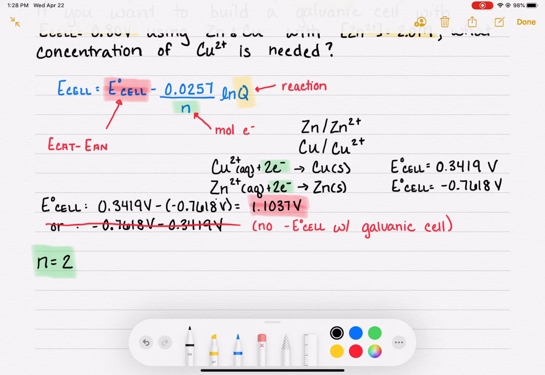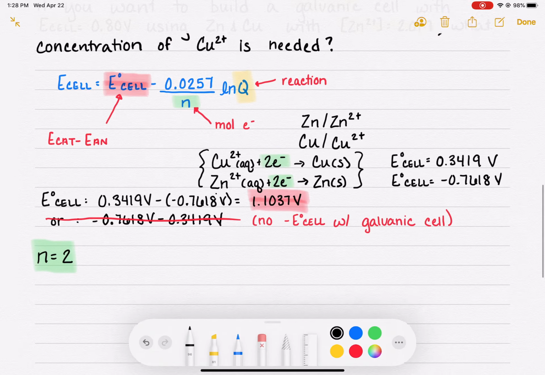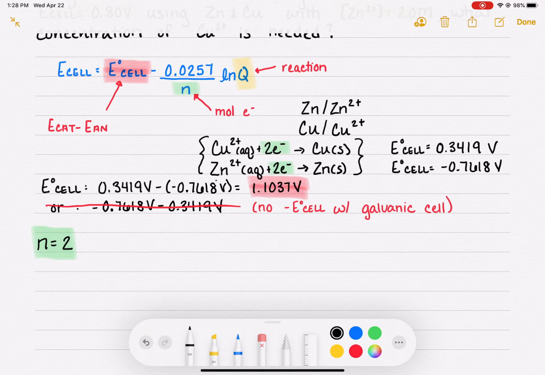In order to figure that out, we have to figure out the correct order to write our half reactions. We know that one of them needs to be turned around, but we don't know which one it is. We can figure it out. It's very important for us to do this correctly because Q depends on us knowing which is the product and which is the reactant and putting them into that fraction in the correct order.